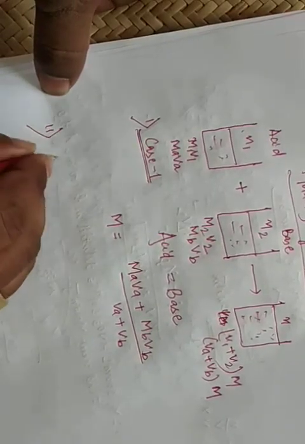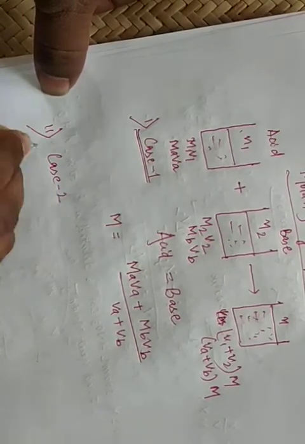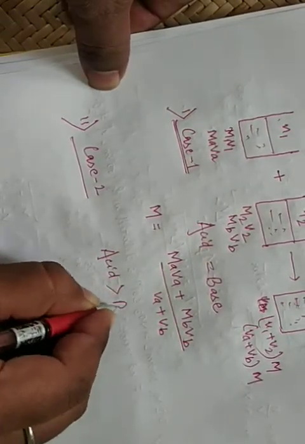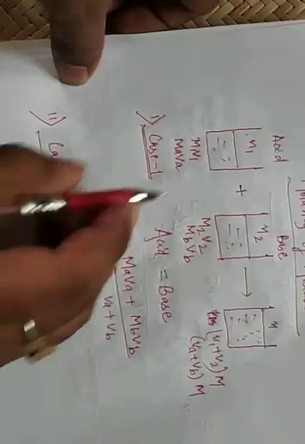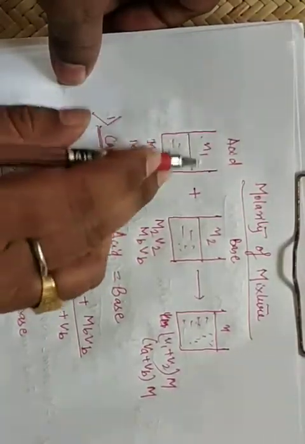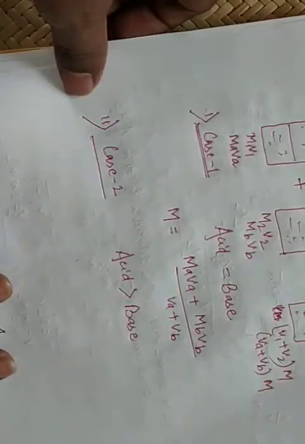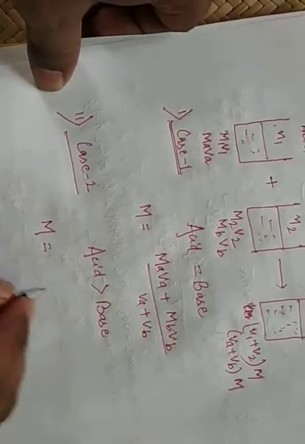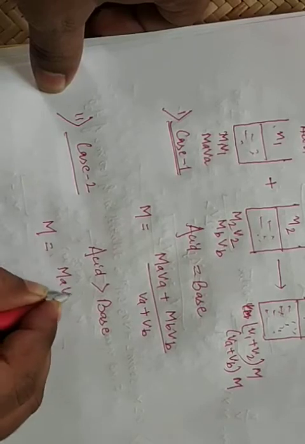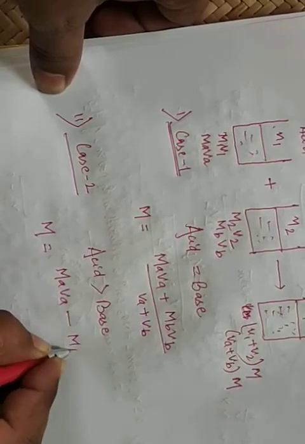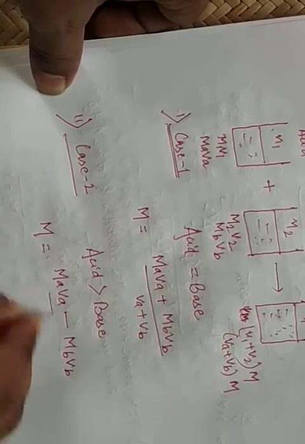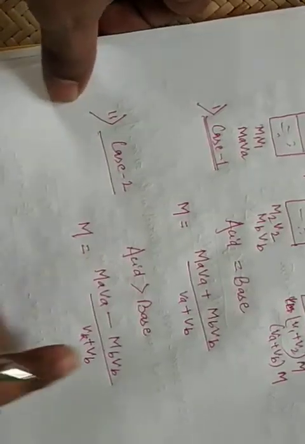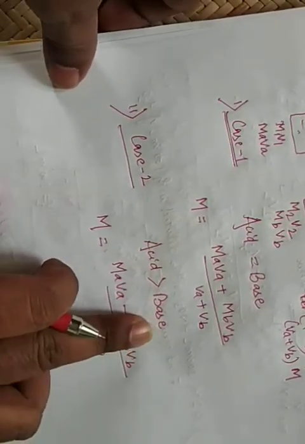Now the second case, case 2: if the concentration of acid is greater than base, what is the formula of new molarity? MaVa minus MbVb over Va plus Vb. In this case the concentration of acid is more than base.